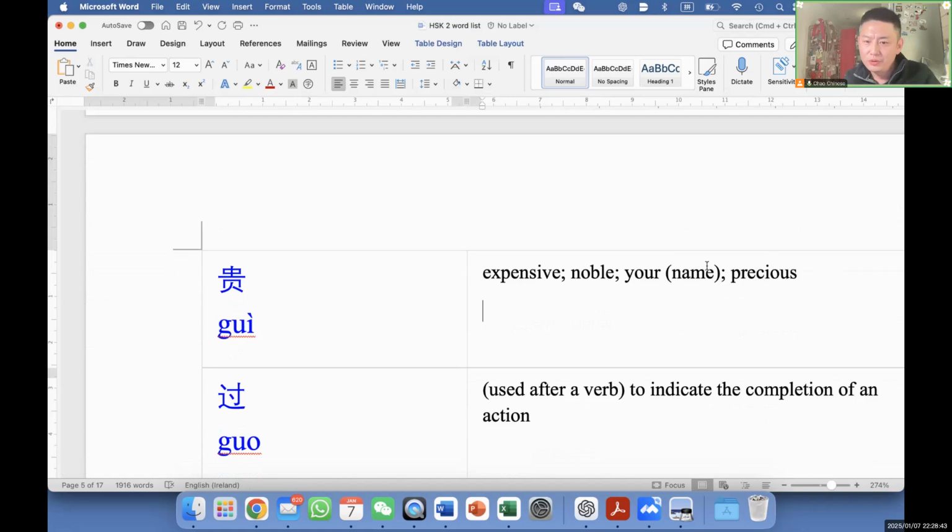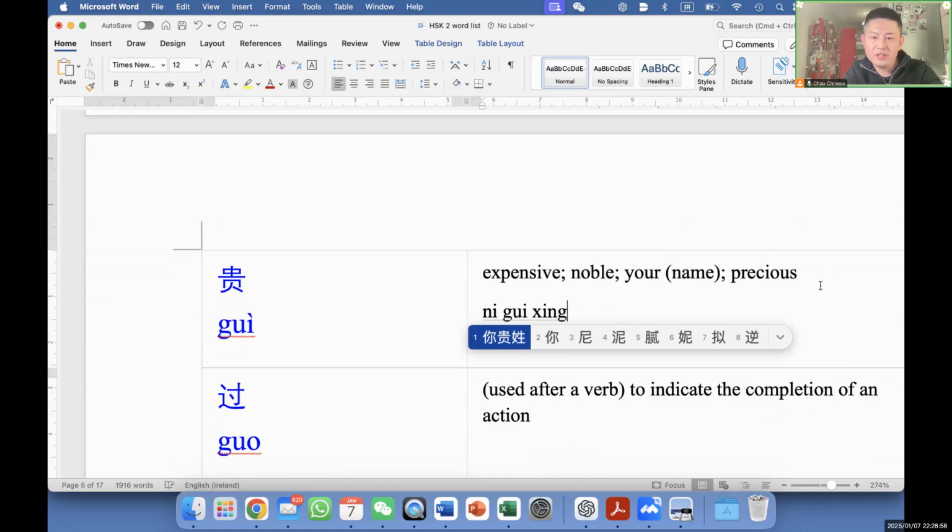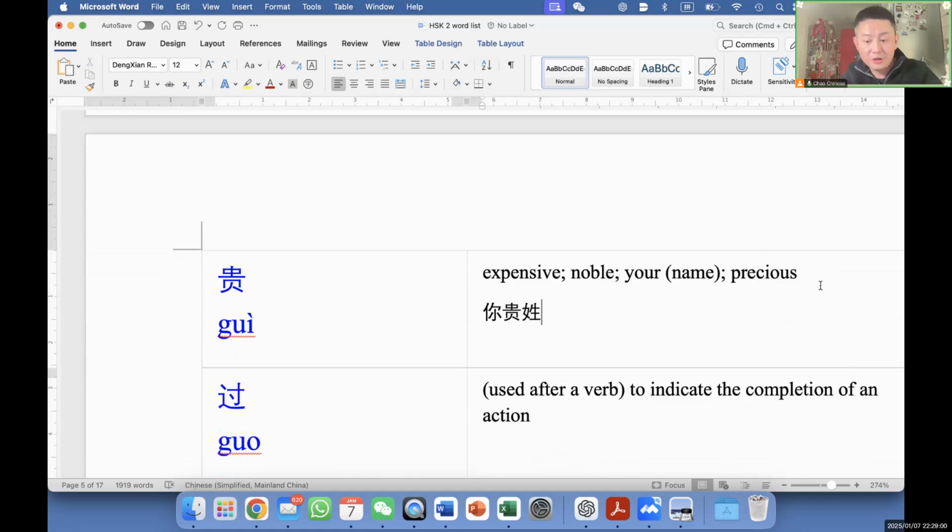Anyway, next one is 贵, expensive. 贵, and also noble. Yeah, fair enough. Expensive is noble. And your name? What's that mean? That's because there is a very common phrase in the Chinese language called 你贵姓. Your expensive surname. This should be a surname, not just any name, right? You cannot ask 你贵名字. No, doesn't make sense.